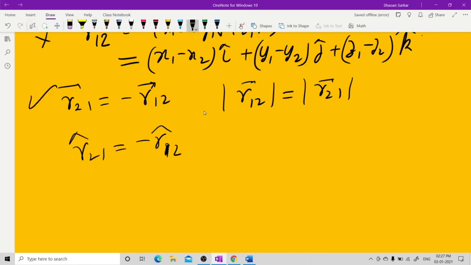This has to be kept in mind. Why they are opposite, we will be needing this while trying to prove Newton's third law, equal and opposite. Now this much is for today. We will do the next thing in the next lecture. Thank you.